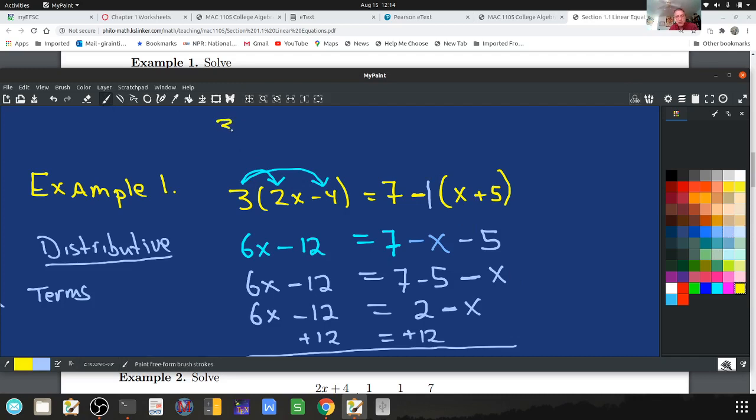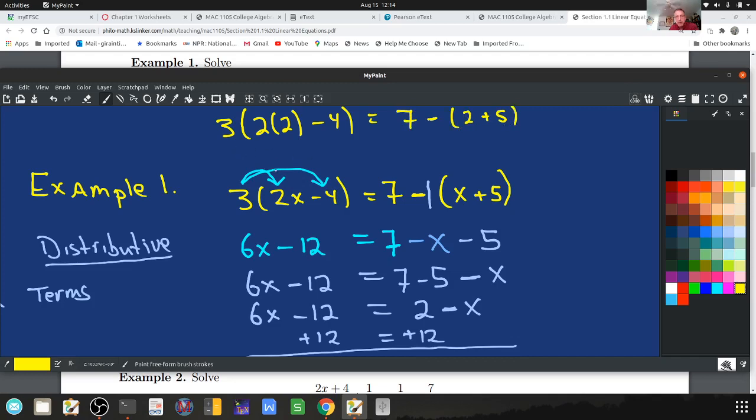I'm only going to do this once, but it's a good idea to do. So x is equal to 2, minus 4 is equal to 7 minus 2 plus 5.